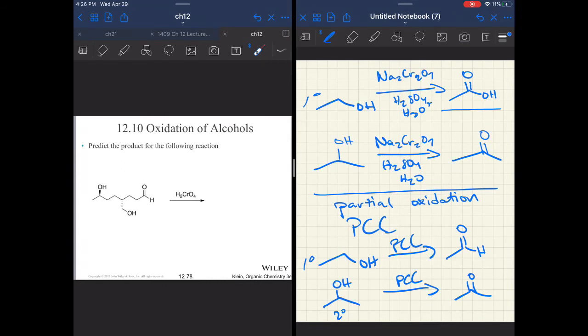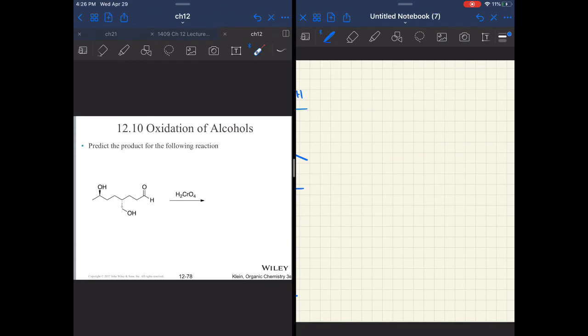Just to do a little practice here, let's think about what would happen if we have H2CrO4. So essentially, this is Jones reagent, or sodium dichromate, or chromium trioxide. This is what it's making in situ. You're never going to see me type that, but that's what is actually doing the reacting.